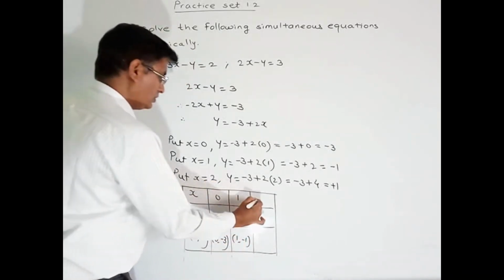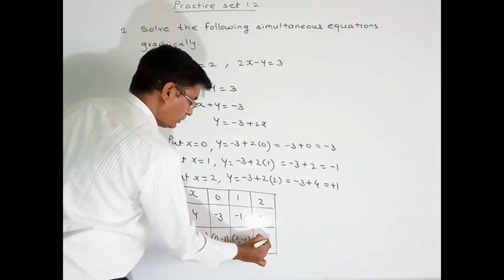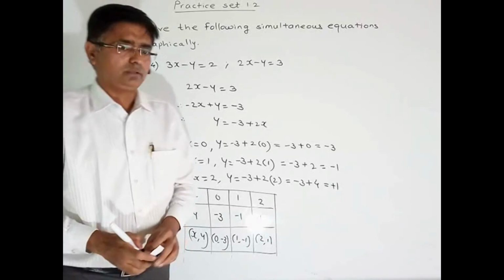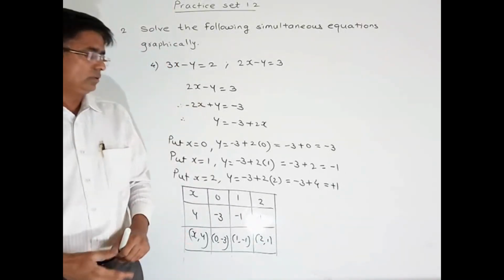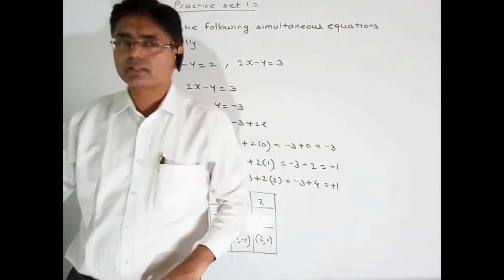The third ordered pair is, value of x is 2, value of y is 1, so 2 comma 1. This way we got the two tables. Now we'll draw the graph on the graph paper and we'll find the solution of these two equations.